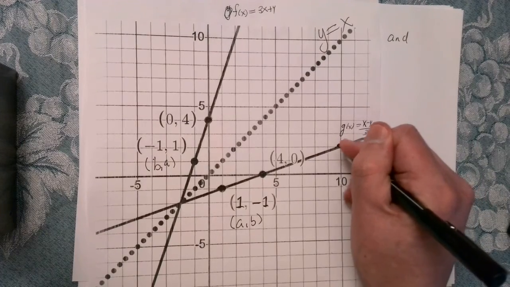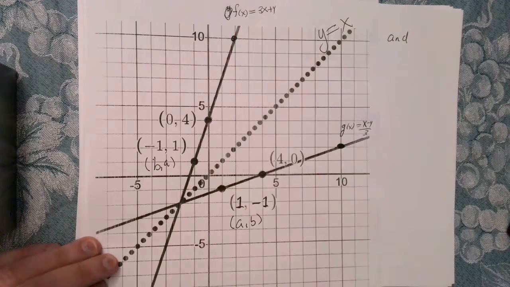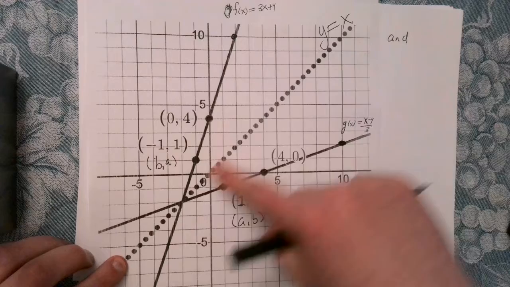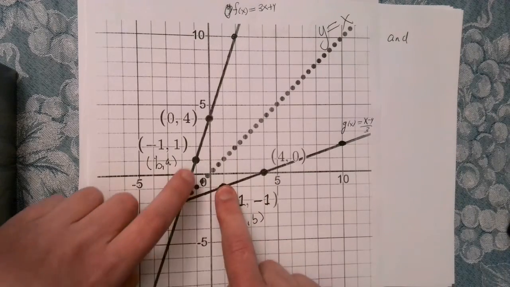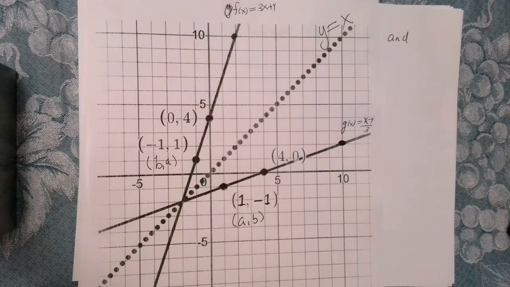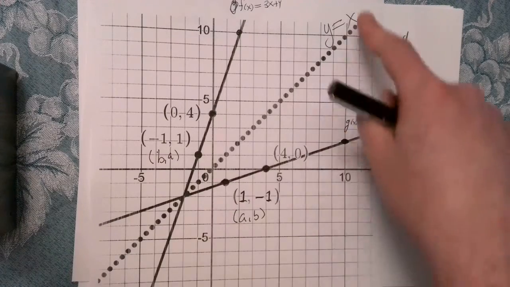So if (A, B) is on g, then (B, A) is on f. And if I were to fold along this line, you would see that this would correspond with this, and so on. And so this is what graphs of inverses look like: reflections through y equals x.